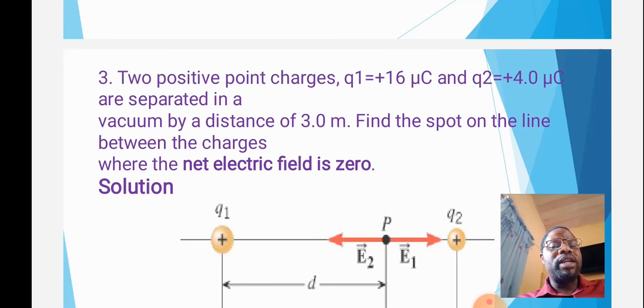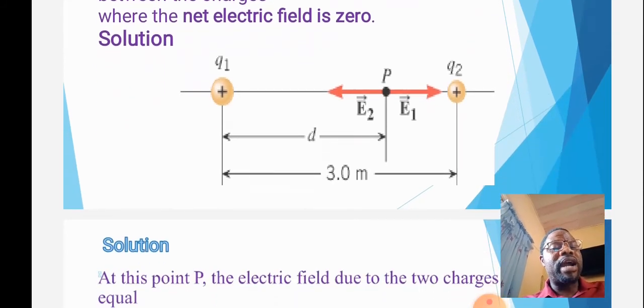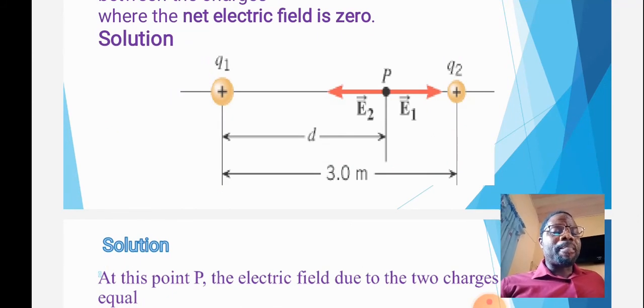Now, solution. If you look at the diagram, you see that the two charges Q1 and Q2 are separated by a distance of 3 meters. Now, let the point be P such that the electric field E1 experienced by Q1 and E2 experienced by Q2 will be 0.